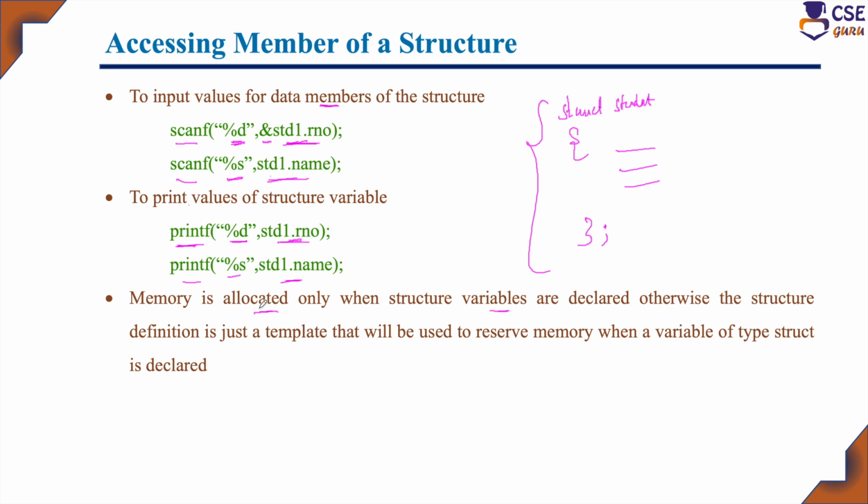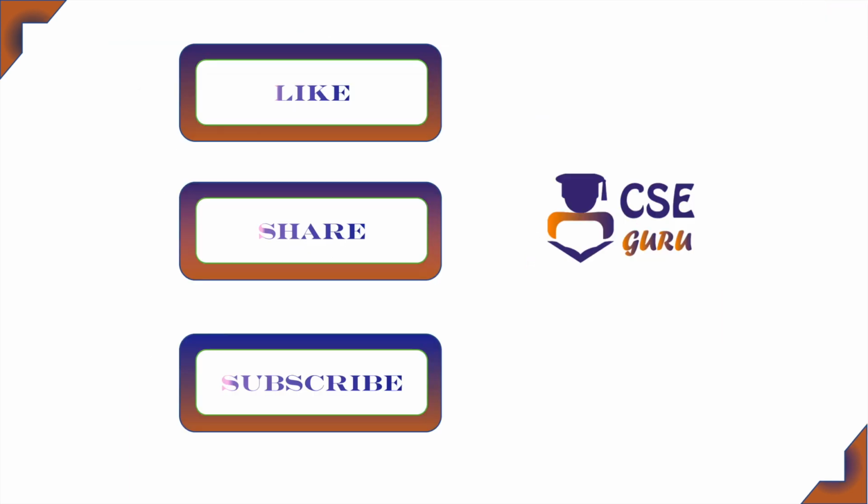Memory will be allocated only when the structure variable, std1, is declared. Otherwise, it will be just like a template. So this is all about the introduction to structure: how to declare a structure, how to initialize the structure, and how to access the members of the structure. Thank you for watching this video.